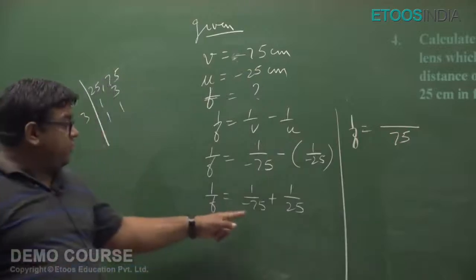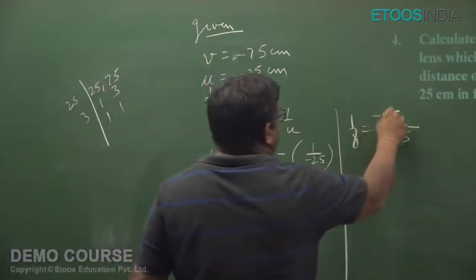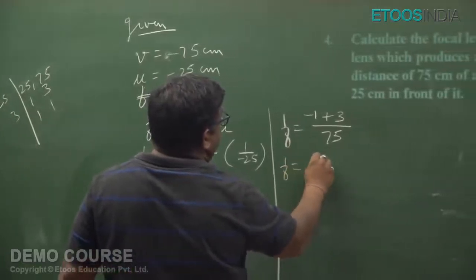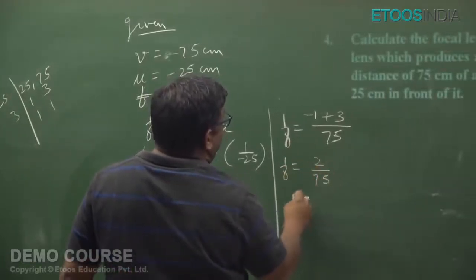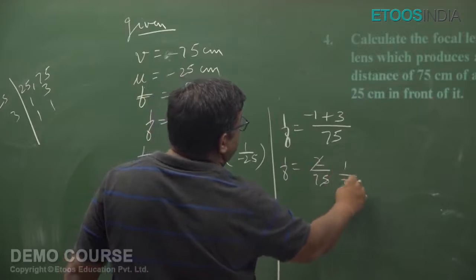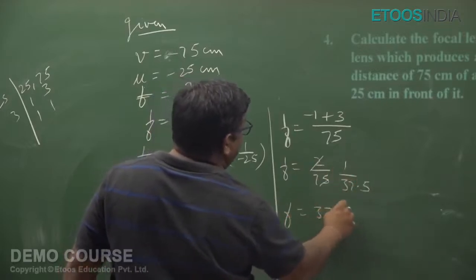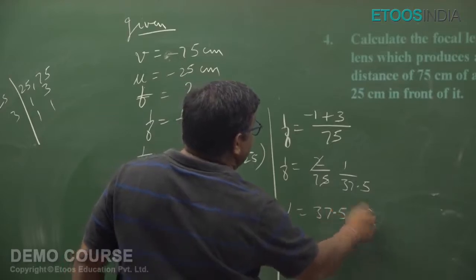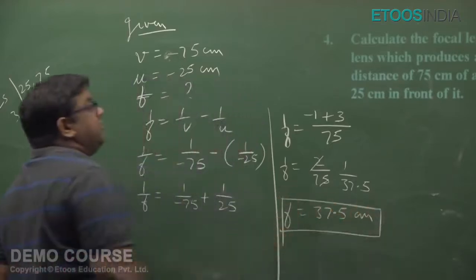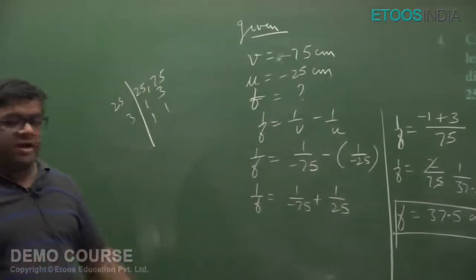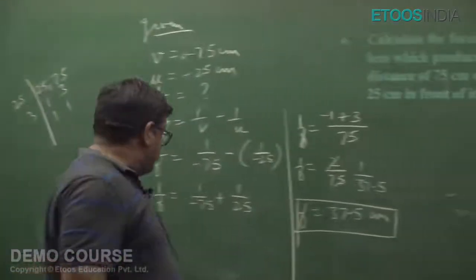Got it? So minus 1 plus 3, and it is 1 upon F is equal to 2 by 75 or 1 by 37.5, or F is equal to 37.5 centimeter in positive. That means it is a convex lens, which we draw already. Got it? Let me start with the next question now.